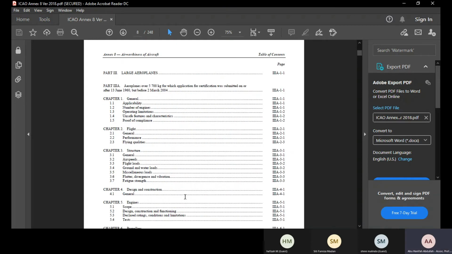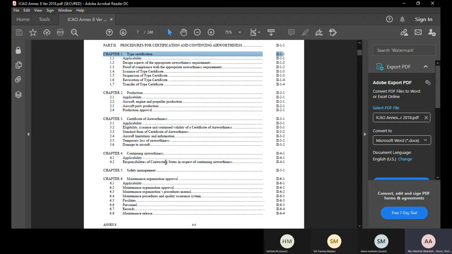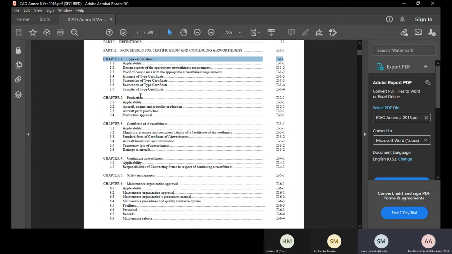Okay, and then they go to part 3. So part 2 is where you are now required to have DOA, okay? Because there is type certificate, there is production certificate, there is certificate of airworthiness, there is continuing airworthiness. So all the aircraft airworthiness is in part 2.